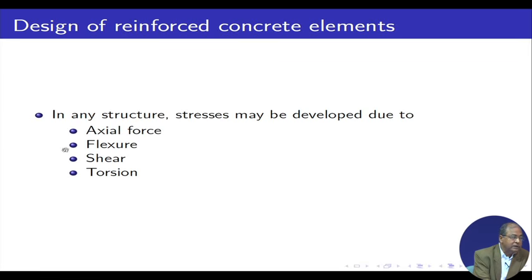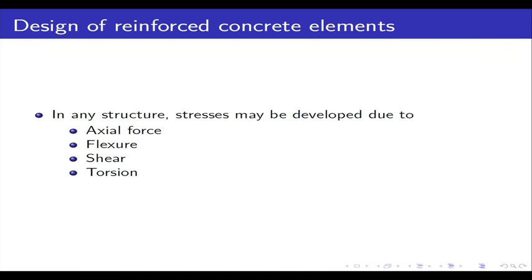Now, if you see any structure, the stresses may be due to axial force, flexure, shear and torsion, or a combination. If you see beams, you will find they are mainly governed by bending and shear.